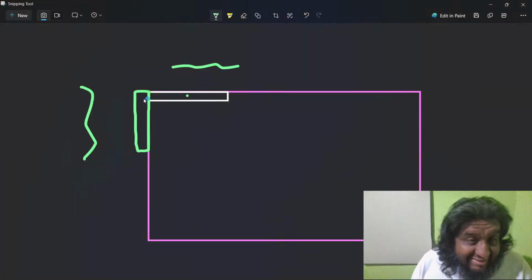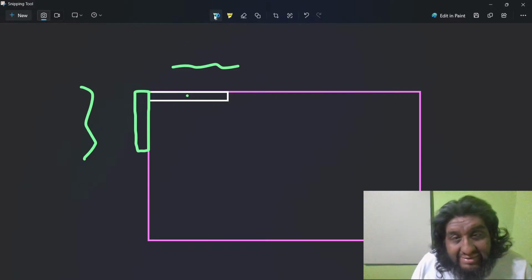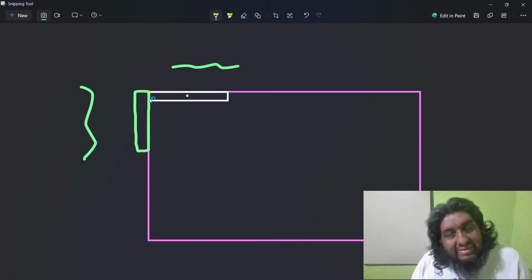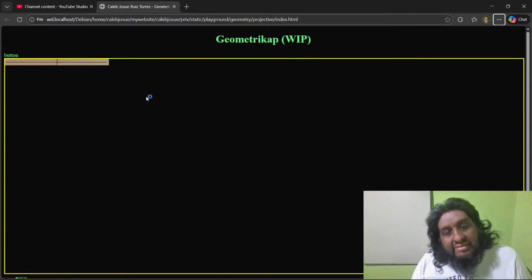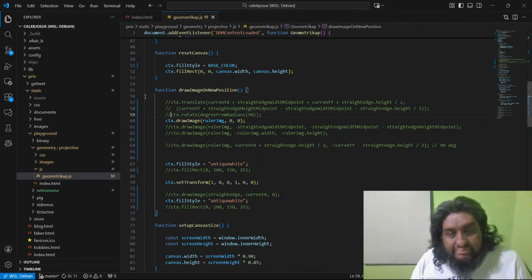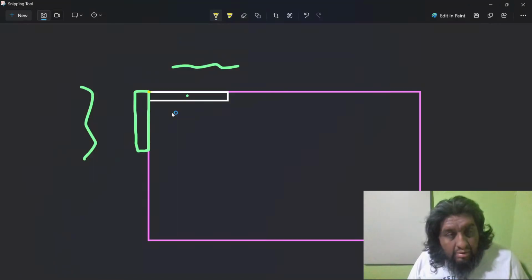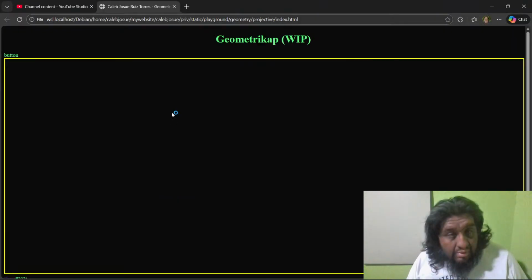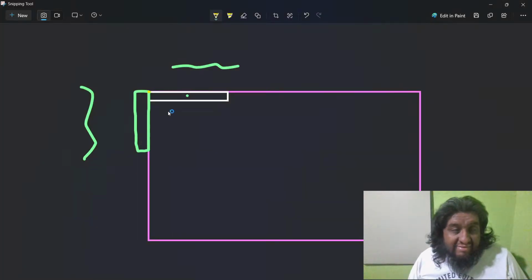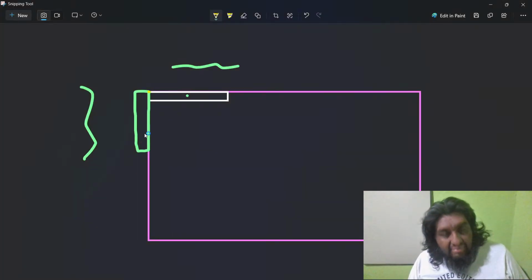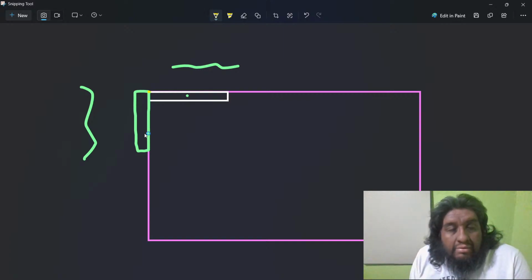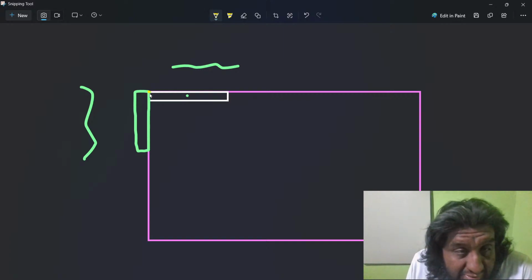If we rotate, this is the origin. If we rotate without translating the origin, we cannot see anything because the straight edge is here.